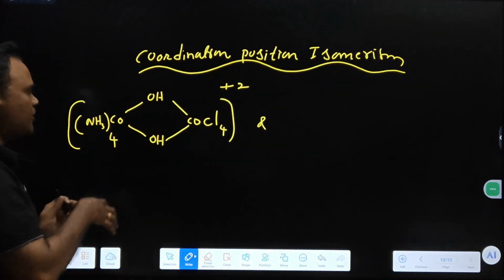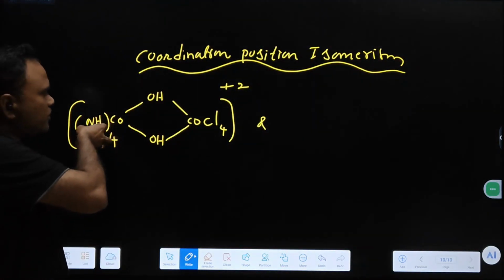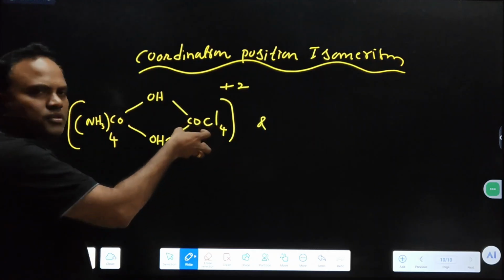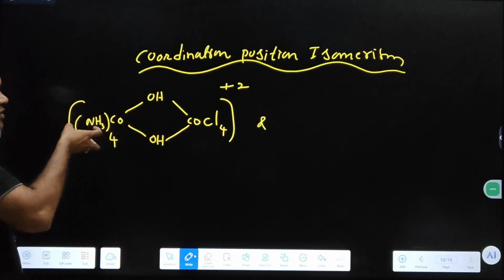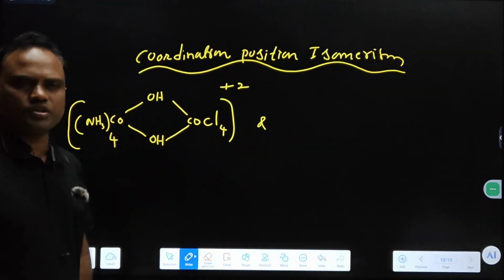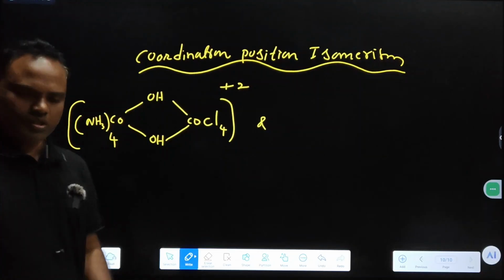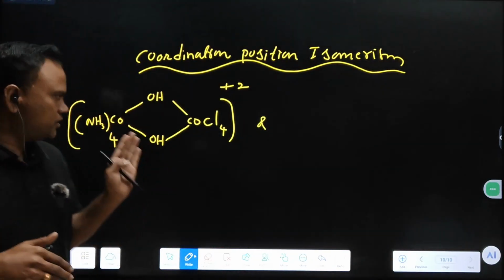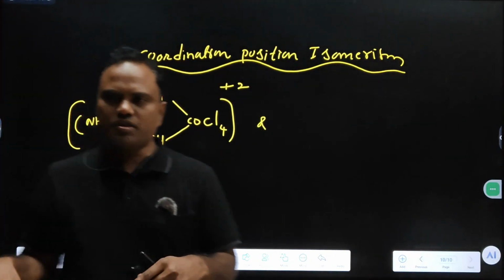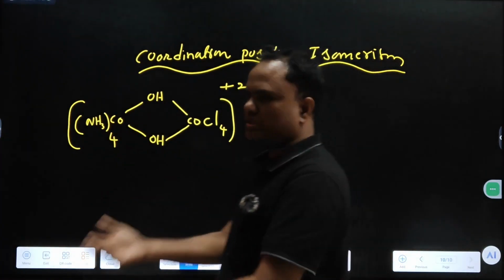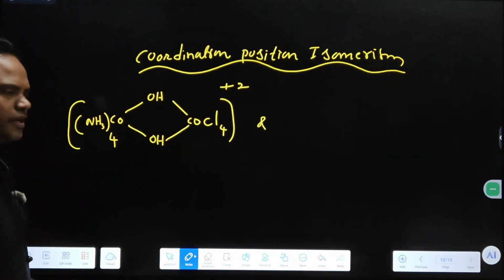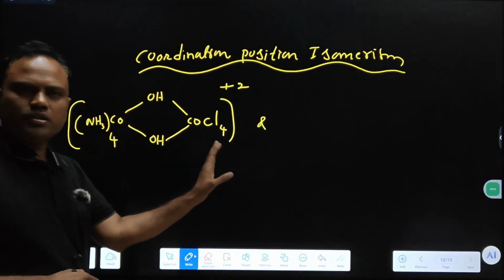Okay. Now what I am doing is changing the position of 2 amines to this place and 2 chlorines to this place. They are interchanging their positions. 4 amines are sitting in this position, 4 chlorines are sitting in this position, they are changing their places, right? Take to this side and to this side.